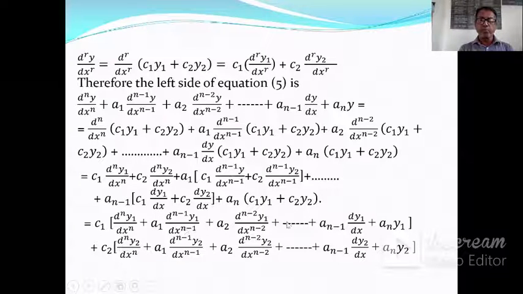But from equations 6 and 7, we know that from equation 6 this bracket is 0, and from equation 7 this bracket is 0.